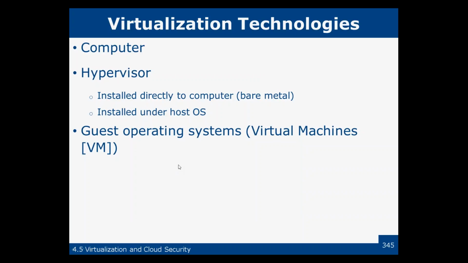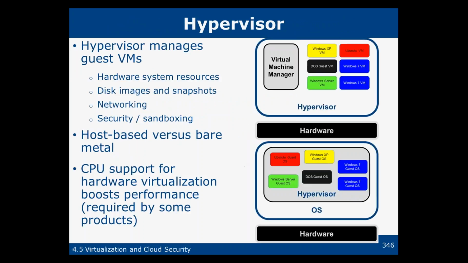The guest operating systems are going to be the virtual machines, the VMs. So with the computers, the hardware itself, the hypervisor is the software, and then the guest operating systems in those. The hypervisor manages the guest VMs.